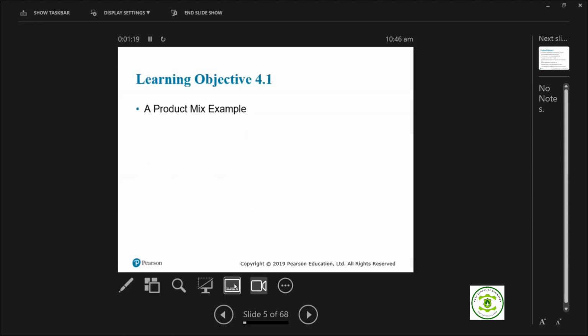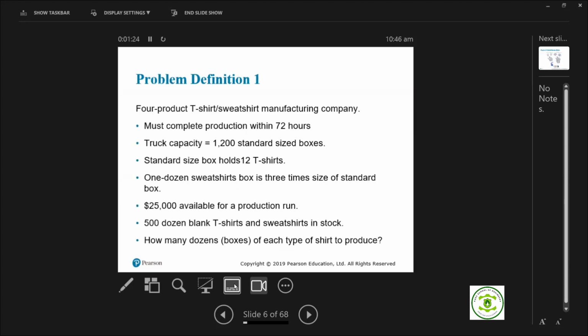All right, so let's solve this problem. We have a 4-product t-shirt and sweatshirts manufacturing company. So there are 4 different products. And this is a constraint: production must be completed within 72 hours.